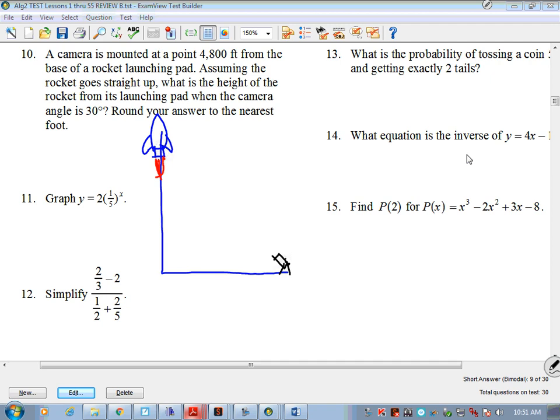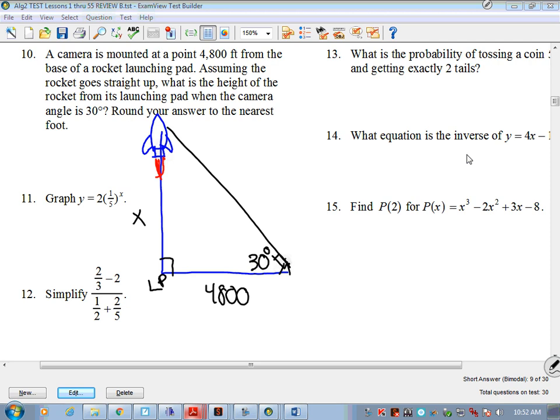There's my camera, and there's my right angle. Our camera is mounted at a point 4,800 feet away, and once this gets to a 30-degree angle, our question is, how high is the rocket from our launch pad being right there?